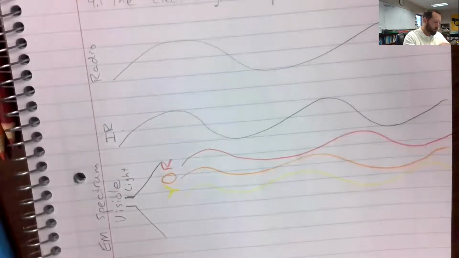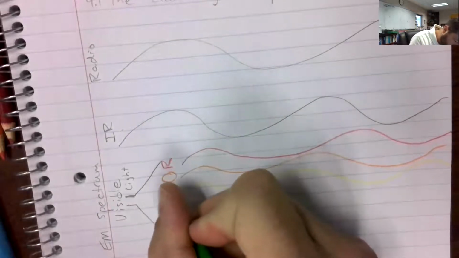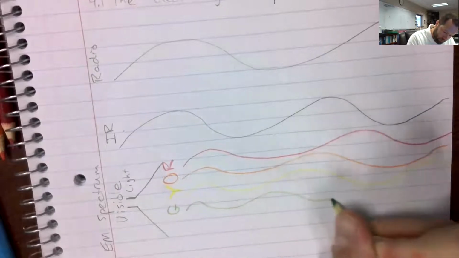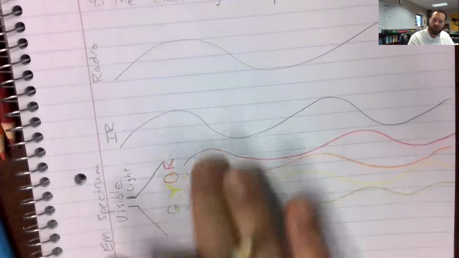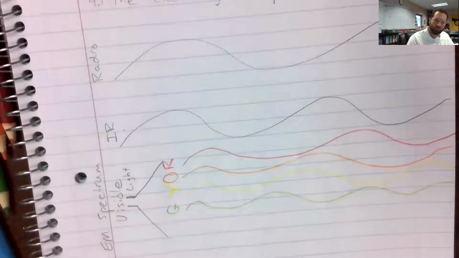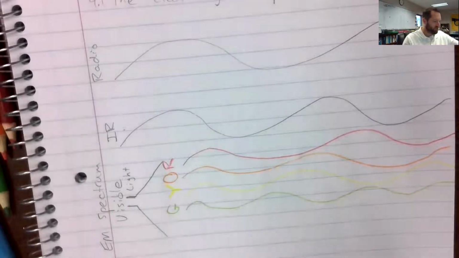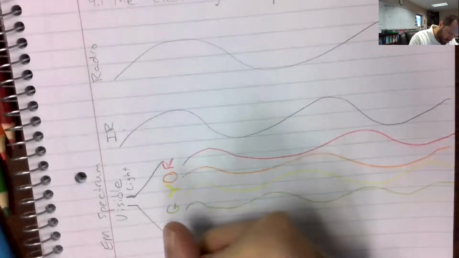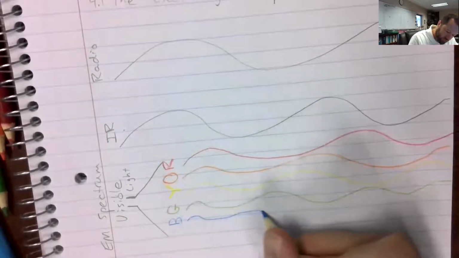Following yellow, green. And you notice each of these colors gets just a little bit tighter, the peaks and the valleys just a little bit closer than the one before it. It's because the wavelengths are getting just a little bit shorter. So we got Roy, G, Biv. There's the B part of Biv.